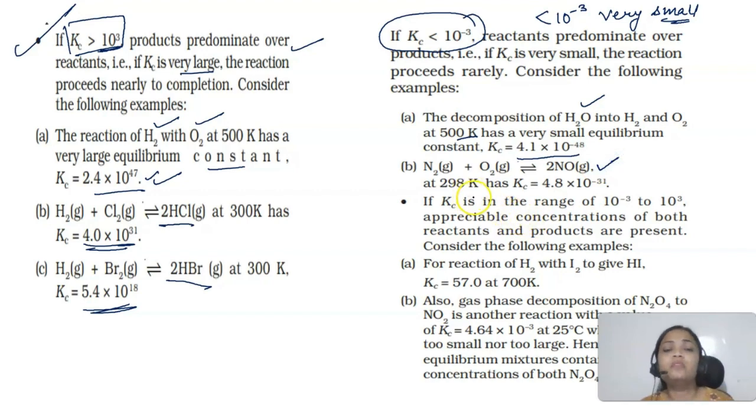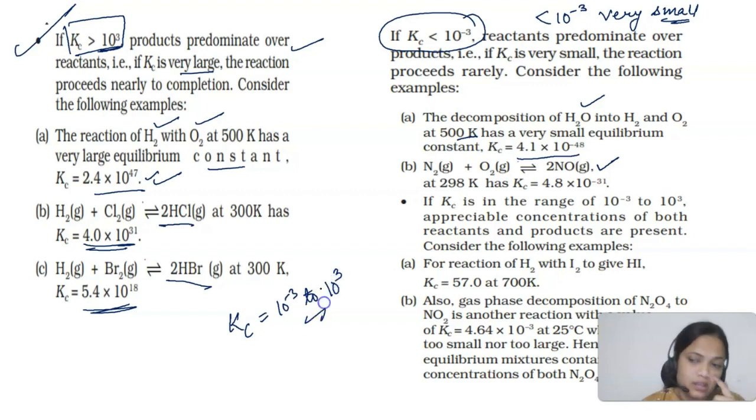Okay. Now the third case is if the Kc is in this range, right? That is the range of 10 to the power minus 3 to 10 to the power 3. Then what will happen in this case? Like here we can say the concentration of reactant and product both will be appreciable. Okay.